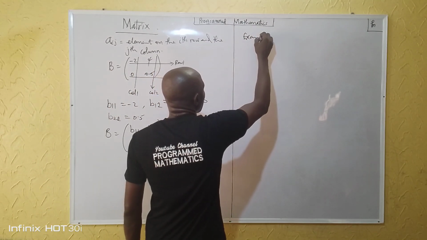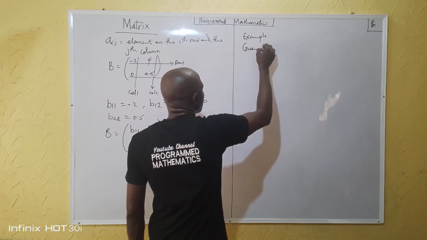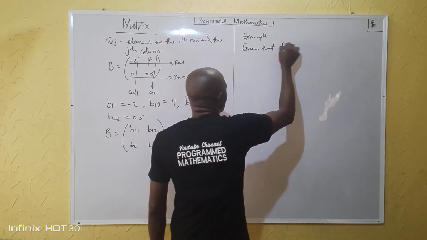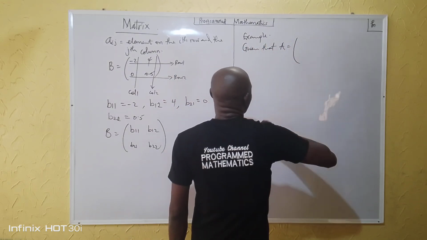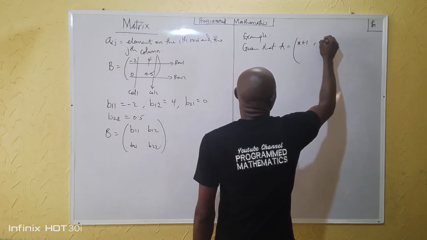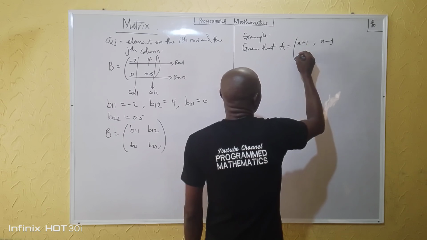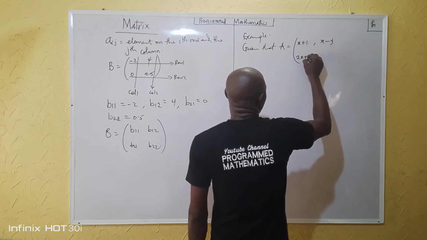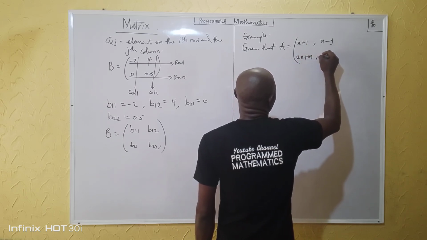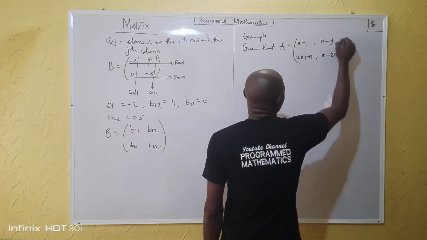Given that matrix A is the set of numbers x plus 1, x minus y, 2x plus m, and m minus 2n.